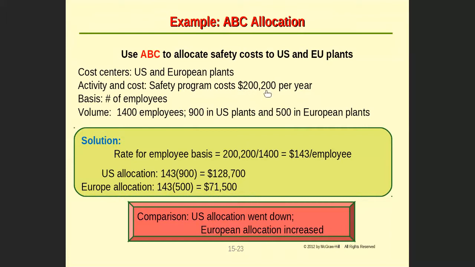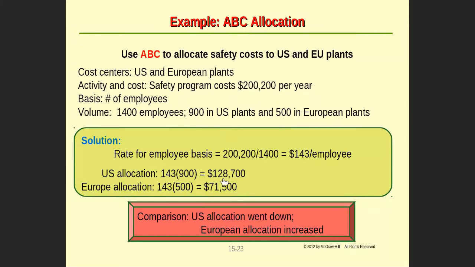The 200,000 here is going to be divided by the new driver, which is the 1,400, to get the ratio of the activity based. Then you can use it by multiplying that with the number of employees for the US plants and the number of employees for the European plant.